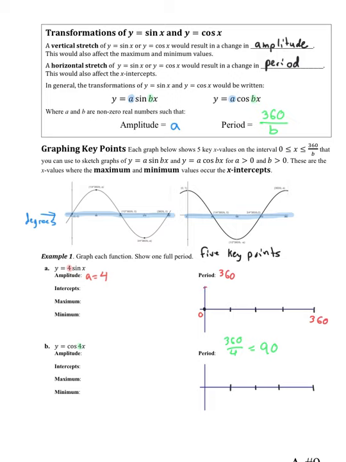The amplitude is 4, so I'm going to make my maximum 4, and I'm going to make my minimum -4. I'm just trying to sketch the exact graph every single time. So let me start by showing you this. What we're really doing on these types of problems, I'll switch my screen in just a second here.